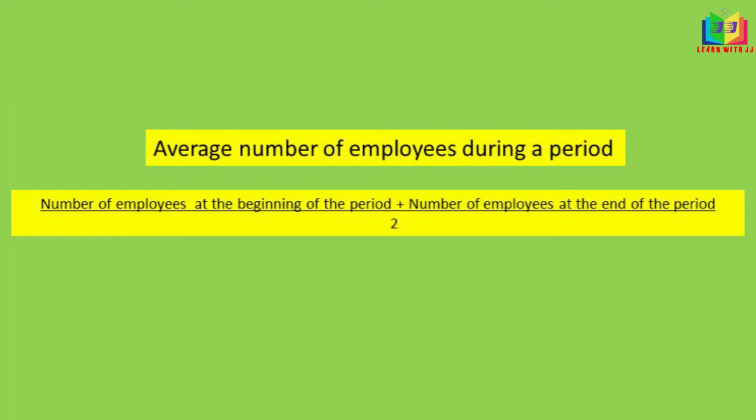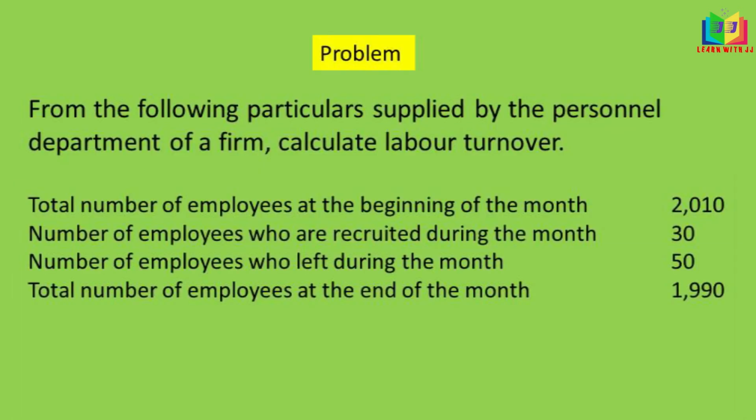Let's start doing one problem. Yes, here we have the problem. From the following particulars supplied by a personnel department of a firm, calculate labor turnover. Total number of employees at the beginning of the month is 2010 and number of employees who were recruited during the month is 30.